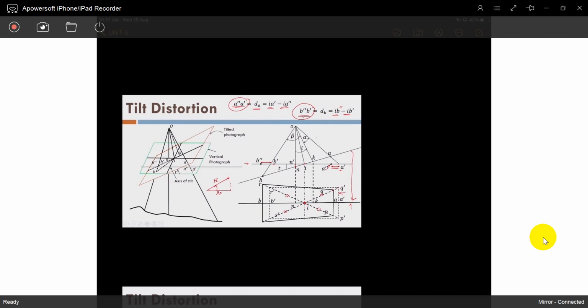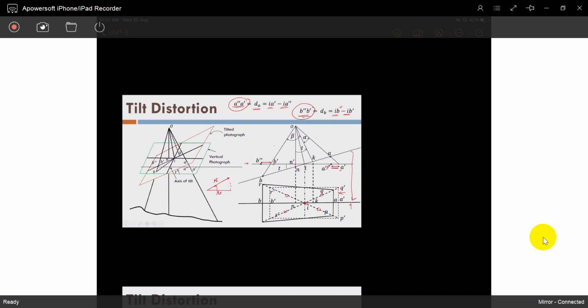What he said is, tilt distortion is: if the photo is captured as a tilted photograph, and if the photo is captured as an exact vertical photograph, how much the location of the point is shifted from the isocenter, not from the nadir center or the optical center, but from the isocenter.